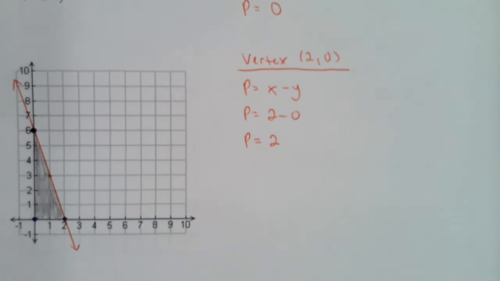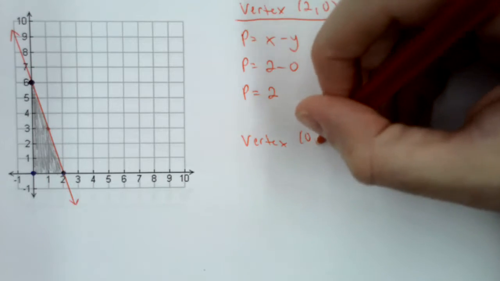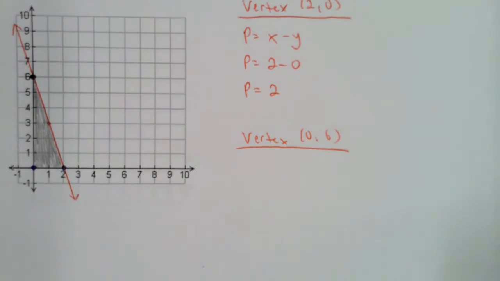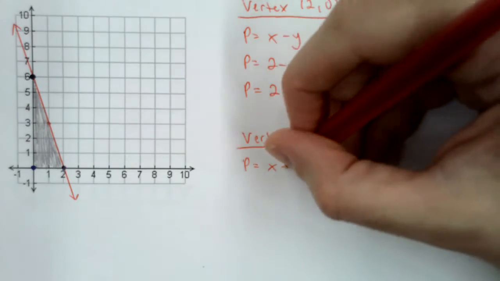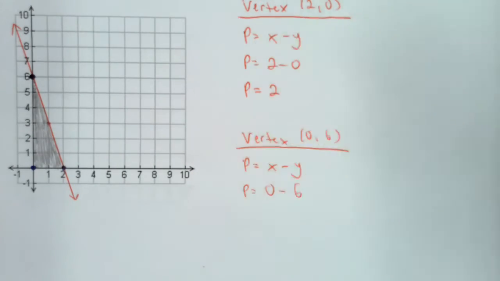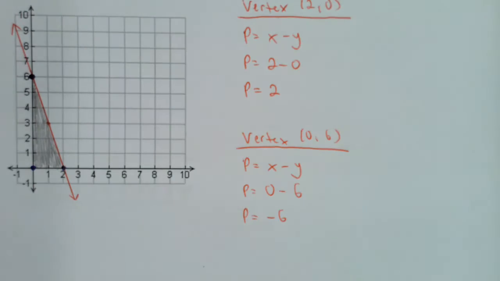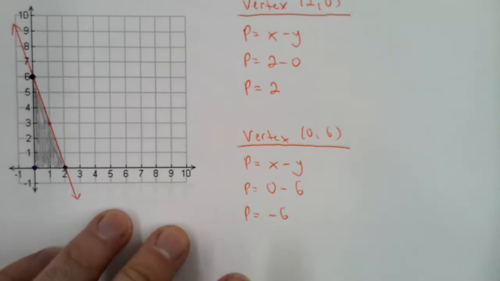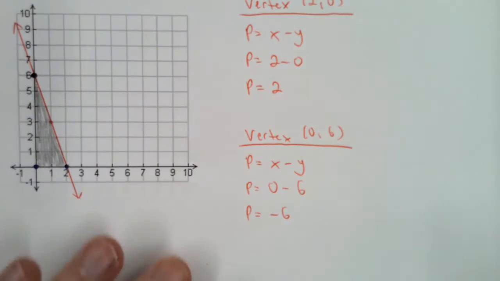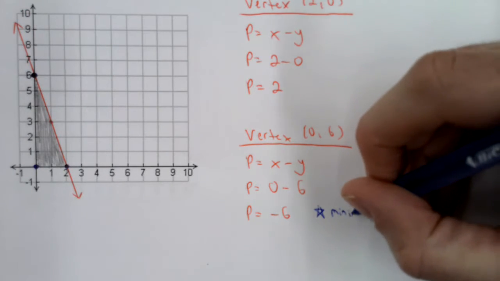And the next vertex is 0, 6. The objective function, p equals x minus y. P equals 0 minus 6. And that gives you p equals negative 6. So let's look at our three answers that we got. Negative 6 is actually the smallest one, so that's the minimum.